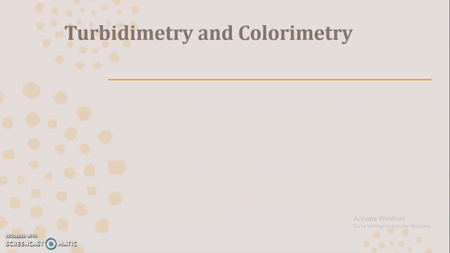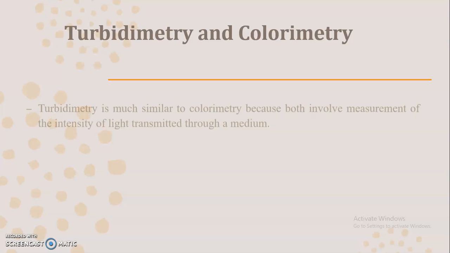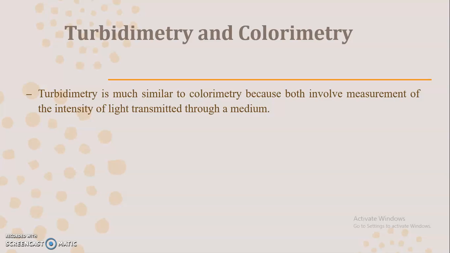Now turbidimetry and colorimetry are quite similar techniques. How are they similar? Turbidimetry is much similar to colorimetry because both techniques involve the measurement of intensity of light that is transmitted through the medium. That's why if certain modifications are done in a colorimetric instrument, we can use it for turbidimetry measurement.